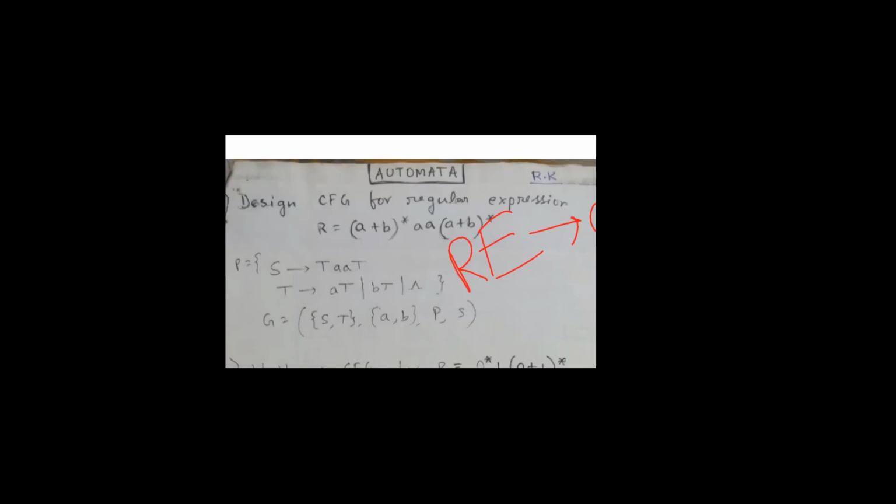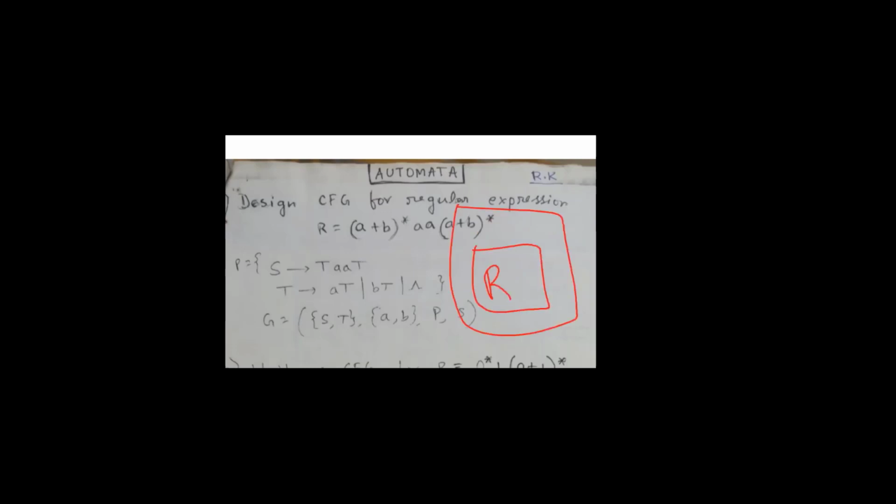So we can say regular grammar is a subset of context free grammar. That means when you have a regular grammar or regular expression, you can convert it into a context free grammar, because it resides inside the context free grammar.